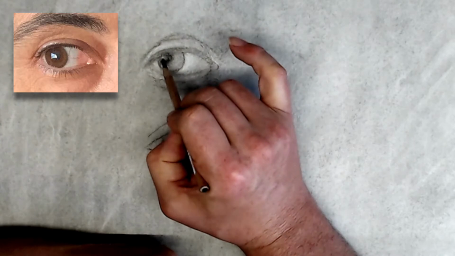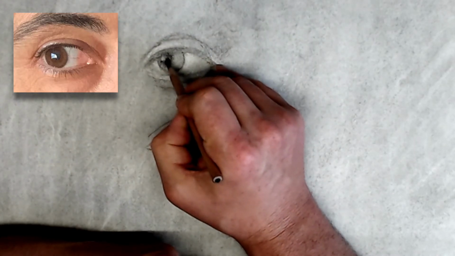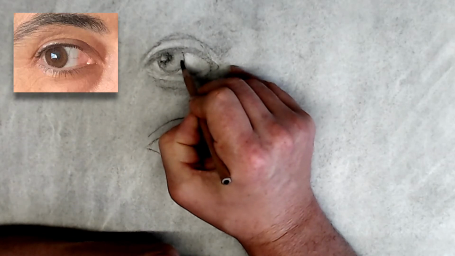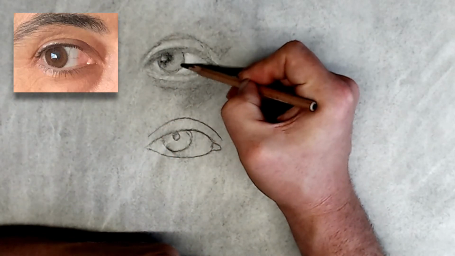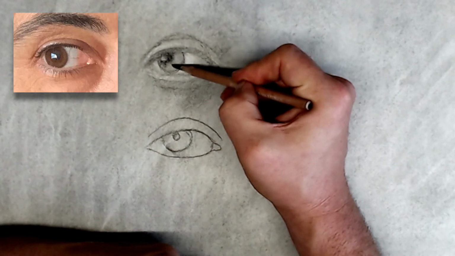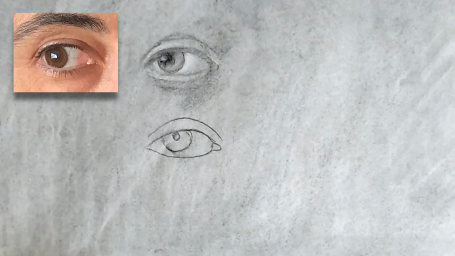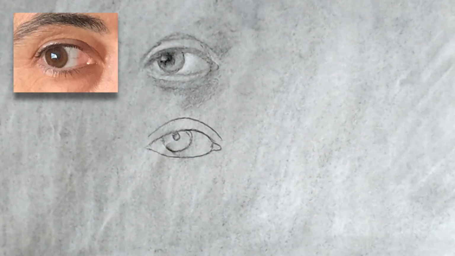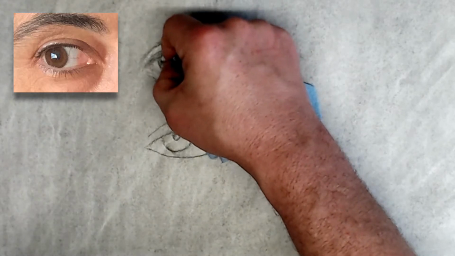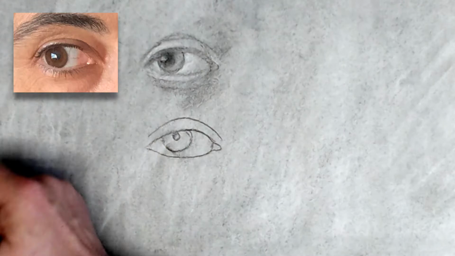And then light hits the iris at the highlight and shows up here, so it actually makes the opposite edge of the eye a little bit lighter, like this. I'll blend this down a little bit. Usually I use a blending stump, I just don't have one at hand right at this moment.